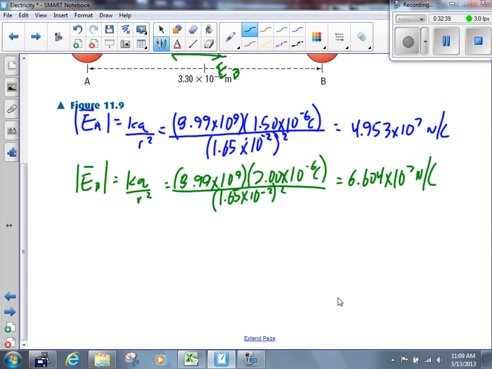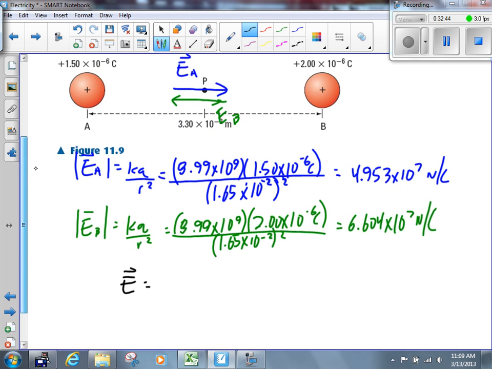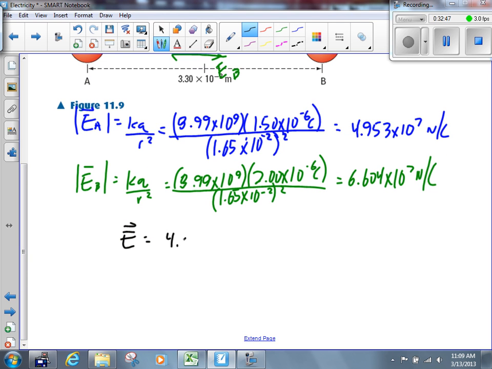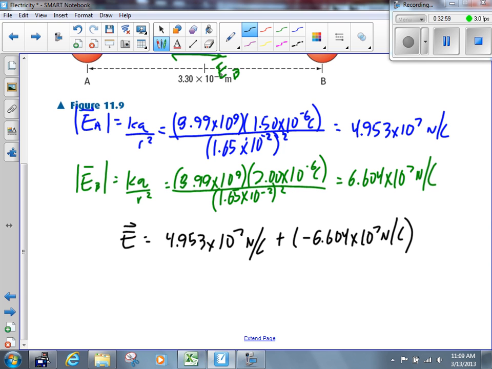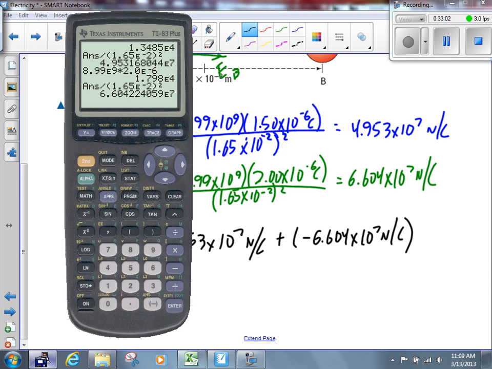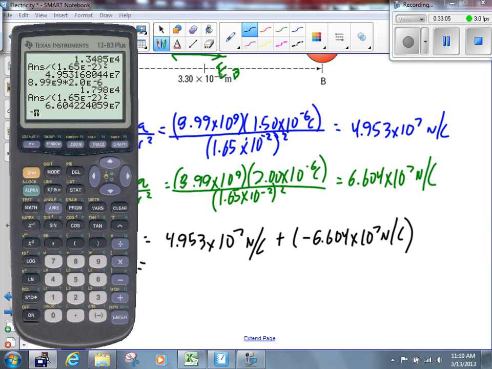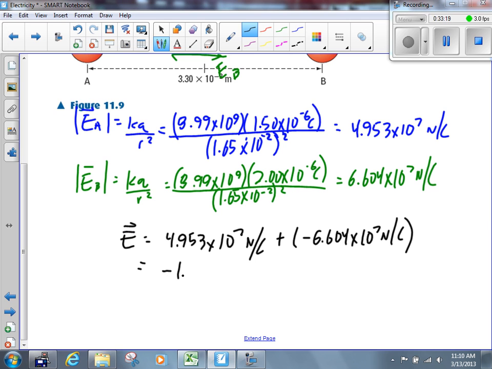The net electric field is EA, which is a positive value, 4.953 times 10 to the 7, plus the negative value of EB, 6.604 times 10 to the 7 newtons per coulomb. And we do that, we end up getting negative 1.65 times 10 to the 7, which means it's going to be to the left.